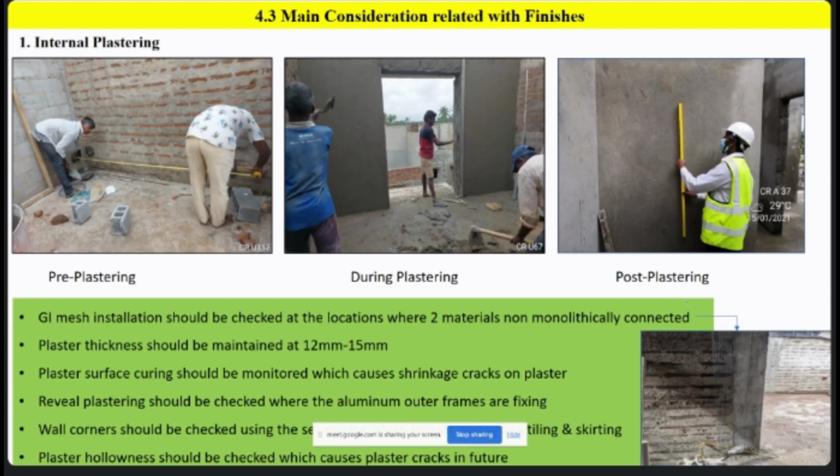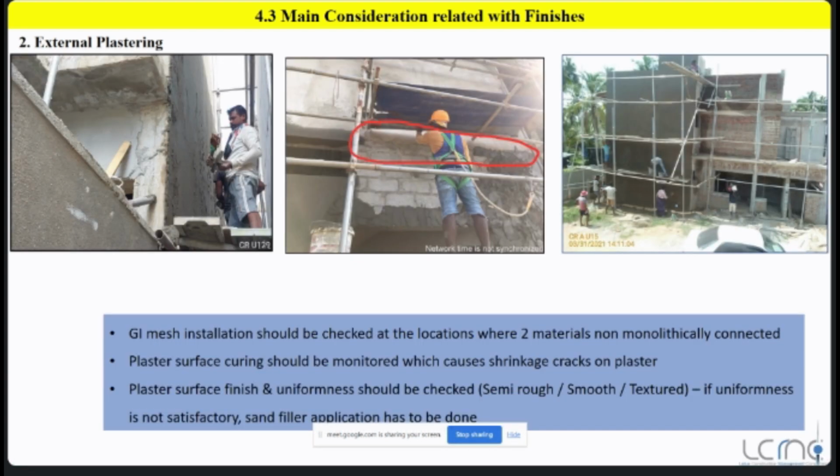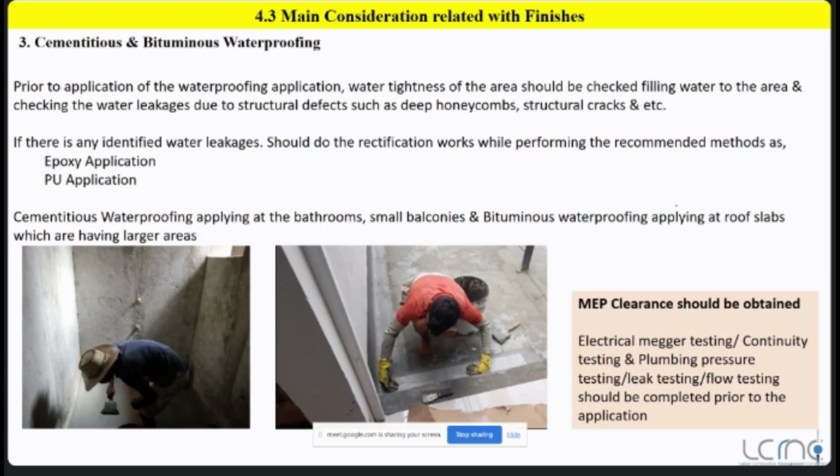Other things, like internal plastering, I think you know many things already. What are the areas where you need to provide gauges and measures, and what is your plaster thickness? What are the procedures and measures to avoid shrinkage cracks on the plaster? You need to wet the plaster before and after. I'm not going to explain all these things one by one. The external is also like that.